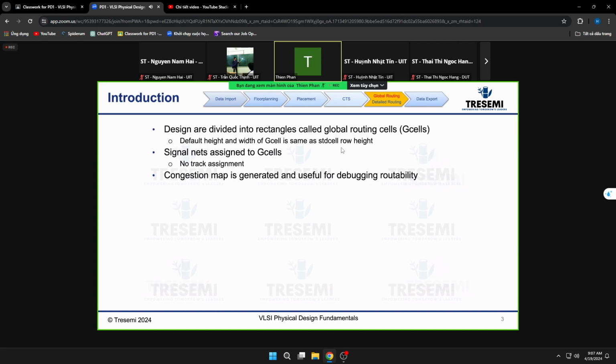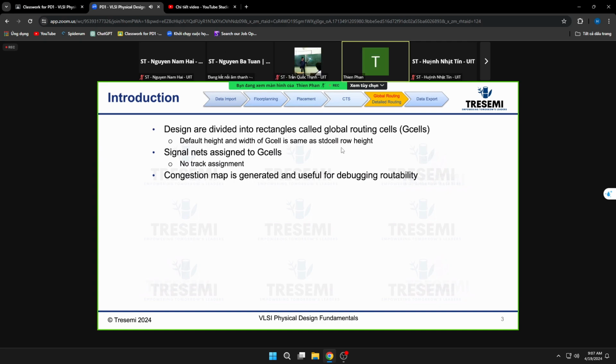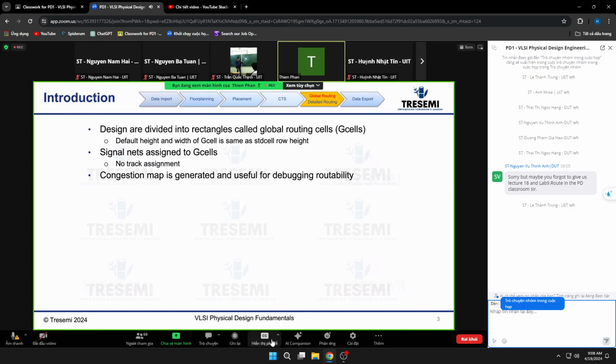Sometimes, in some rather older lectures, instead of two they make it three: between the global routing and the detail routing, they call it track assignment. But essentially, I want to focus on the two main parts, the global route and the detail route.